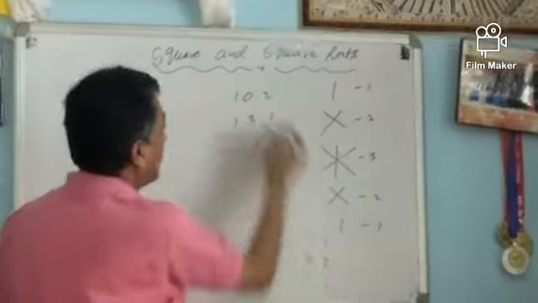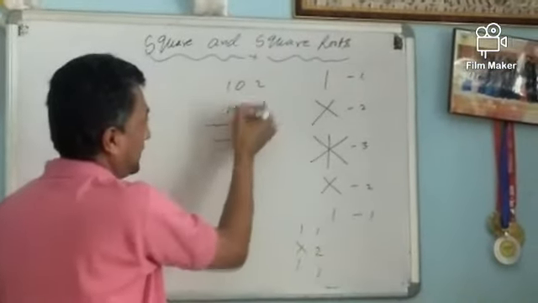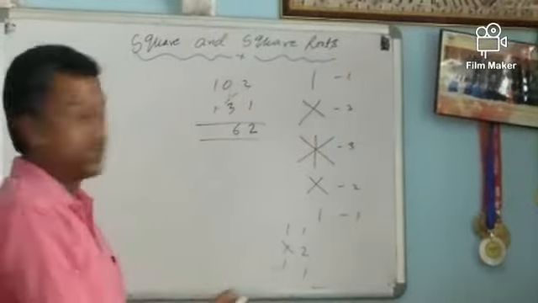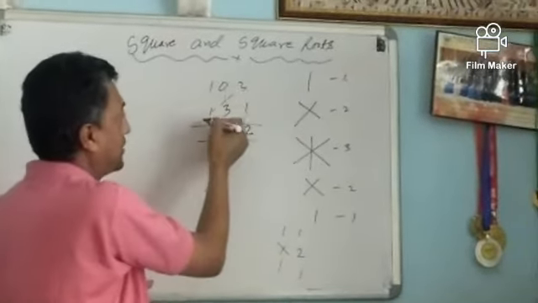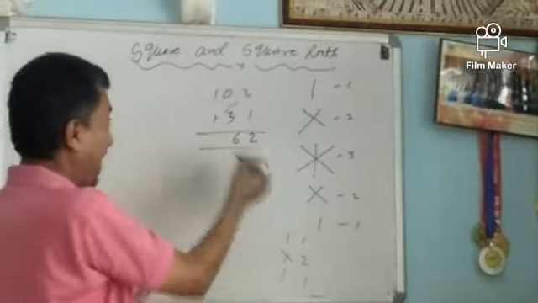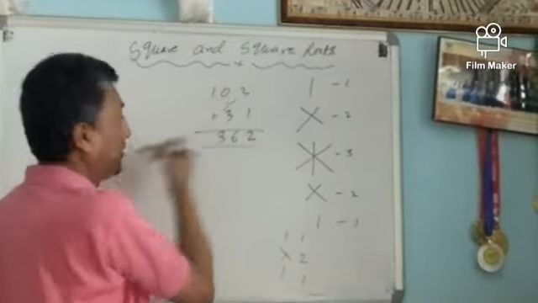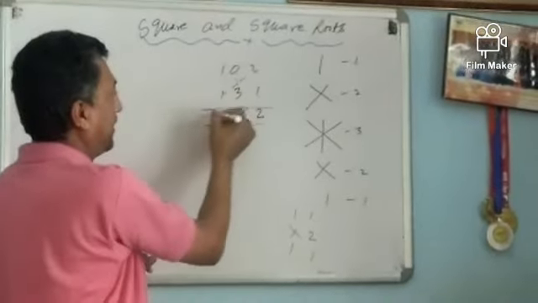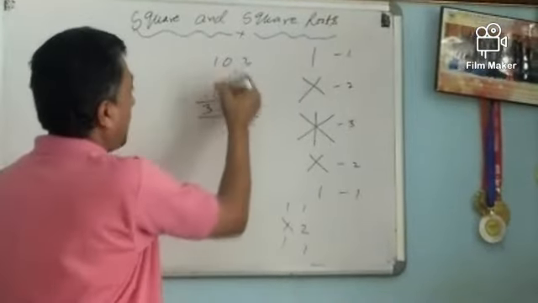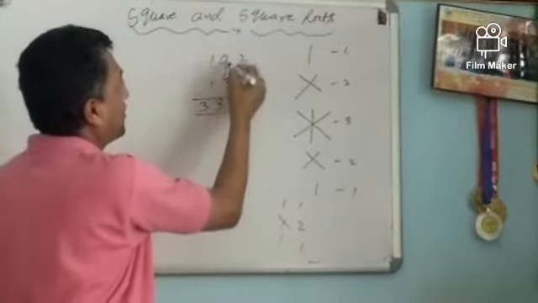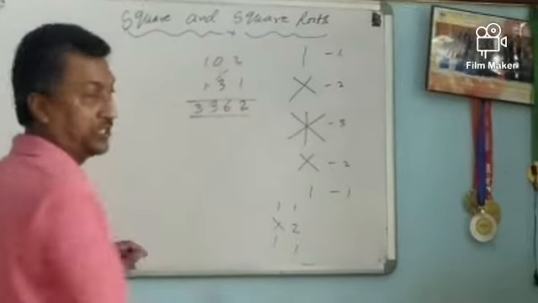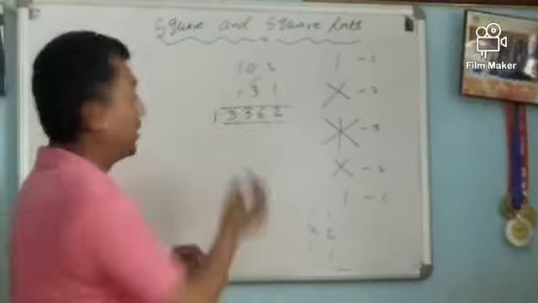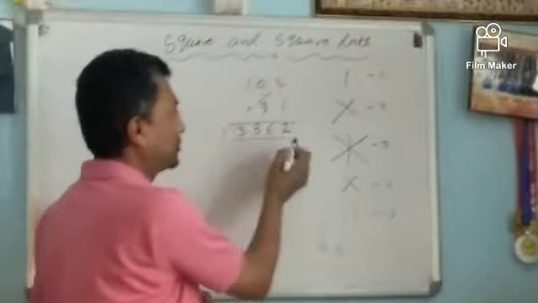Then triple means like this and this: 1 ones are 1, 2 ones are 2, 2 plus 1 is 3, and then this is 0, so only 3. Then double, the last double: 3 ones are 3, because 3 ones are 3 and 1 0 is 0, so 3. And what was the last? Single, so 1 ones are 1. So the answer is 1 3 3 6 2.